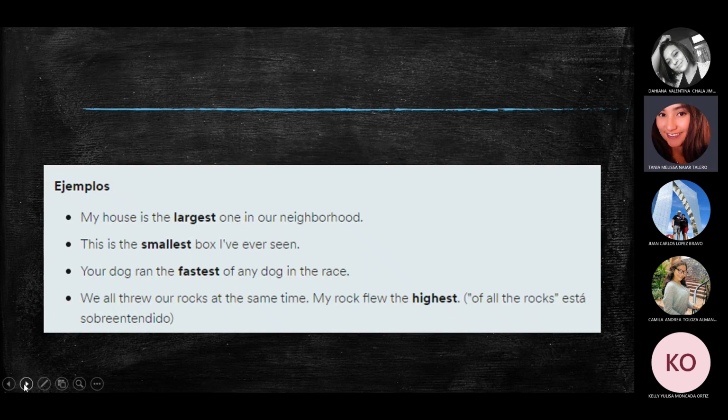Here we have some examples. My house is the largest one in our neighborhood. Remember that these are short adjectives, that is, we use est.